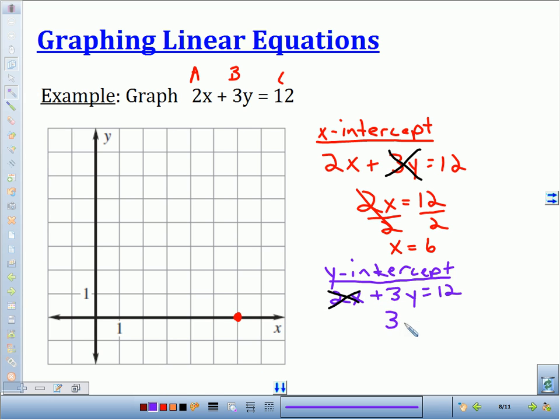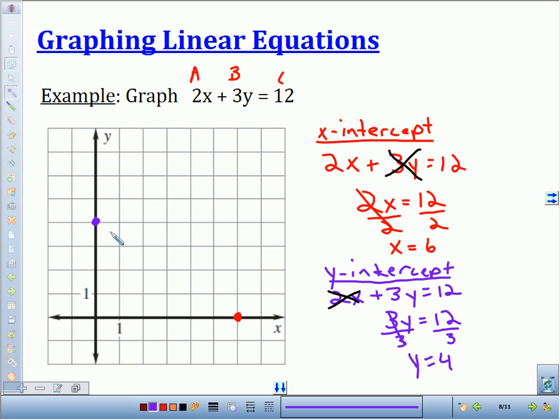When I do, I've got 3y equals 12. 3y equals 12, divide by 3. And I get y equals 4. So my y-intercept is where y equals 4. The y-intercept crosses the y-axis. So I go up 1, 2, 3, 4, and there's my y-intercept.